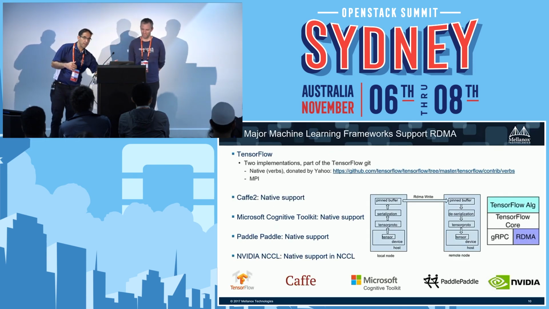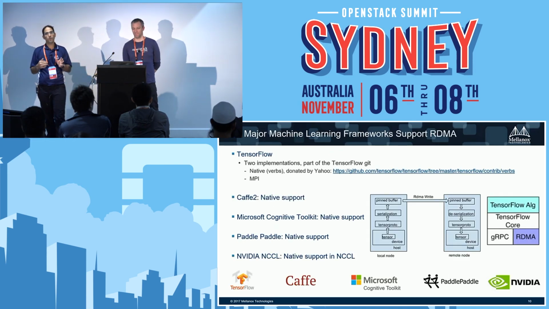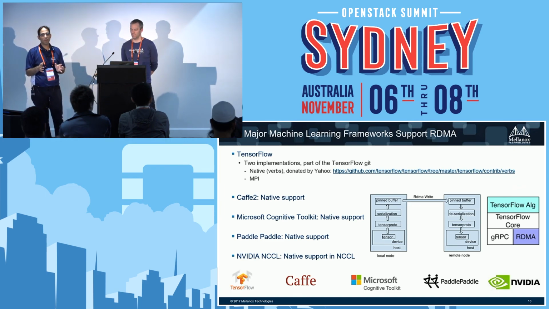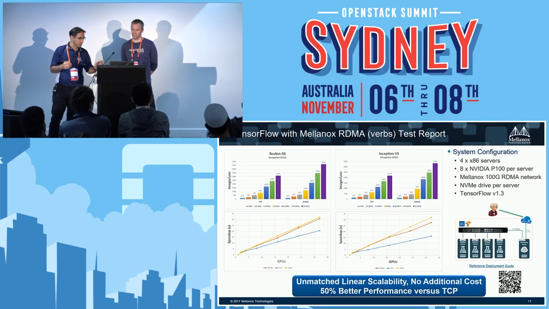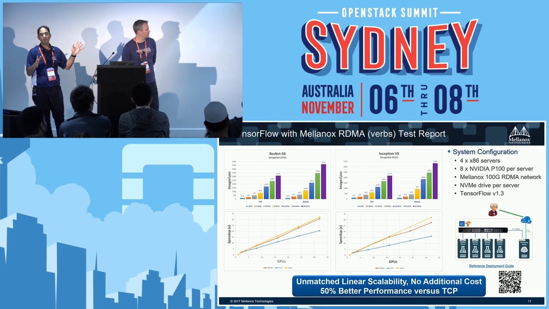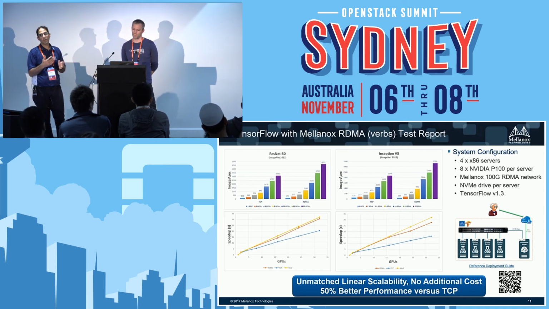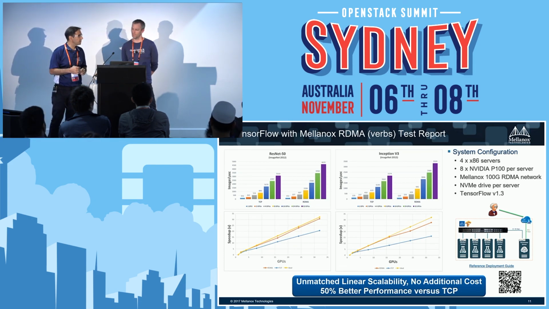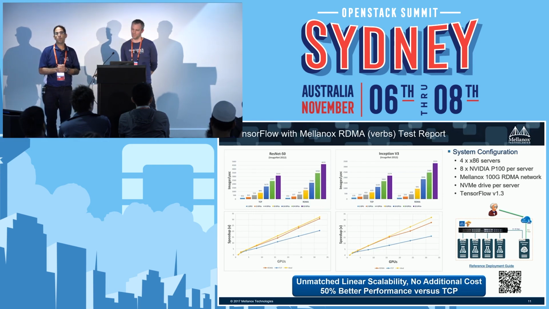The main frameworks for machine learning, like TensorFlow, Caffe, and so on, all support RDMA today. And the reason for that is basically this chart. What you see here is a comparison, in the same system, between an RDMA-based machine learning workload and TCP. I'm not going into the details because we have basically a minute, but you can see that the RDMA-based one provides about 50% more performance.